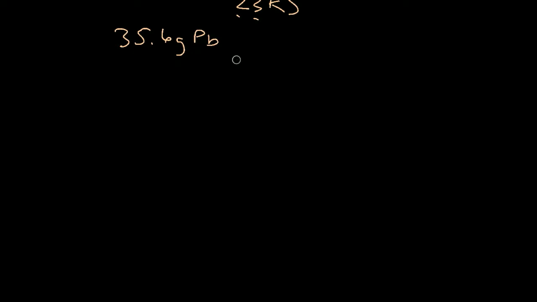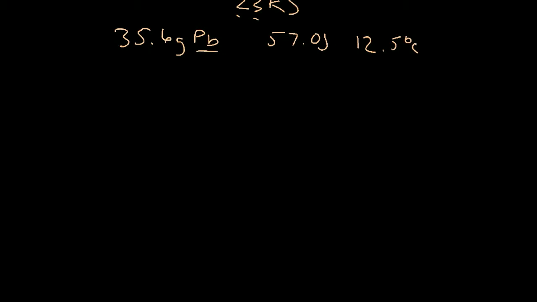And let's say I put 57 joules of energy into this sample of lead, and when I did that, it rose 12.5 degrees Celsius. So I had a change in temperature where it increased 12.5 degrees Celsius. Using this information, what's the specific heat of my lead?